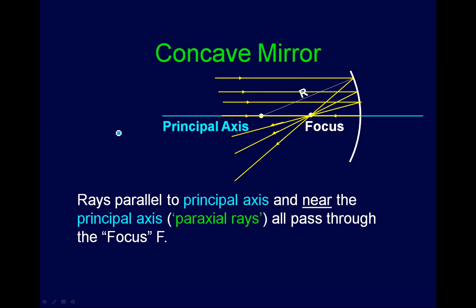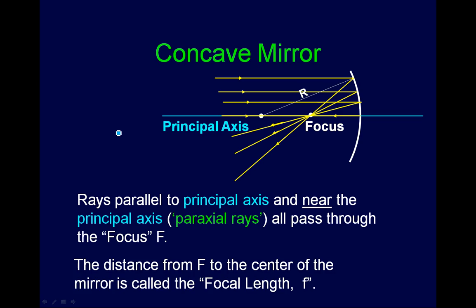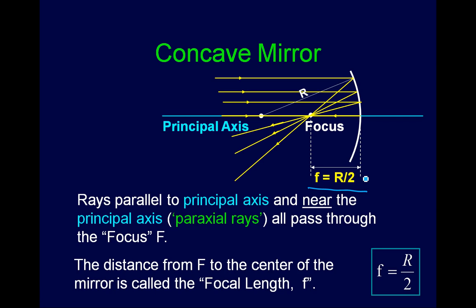So rays parallel to the principal axis all pass through the focus F. The distance F from the center of the mirror is called the focal length, and it works out to be half the radius of the circle that this spherical mirror is made up of. So the focal length will be R divided by 2.